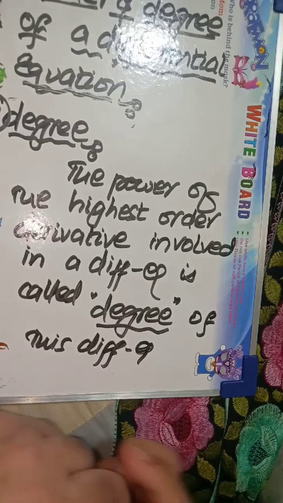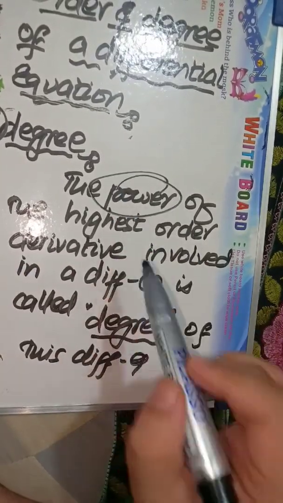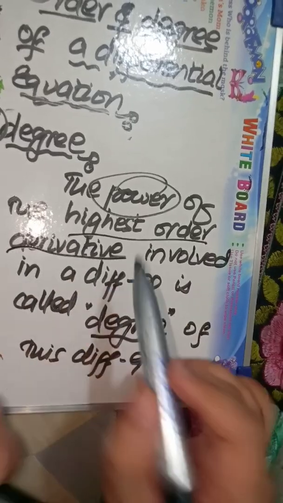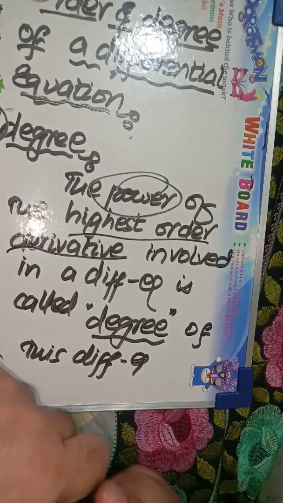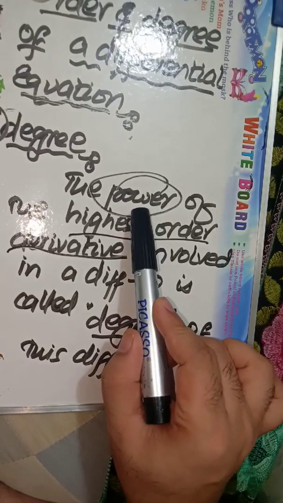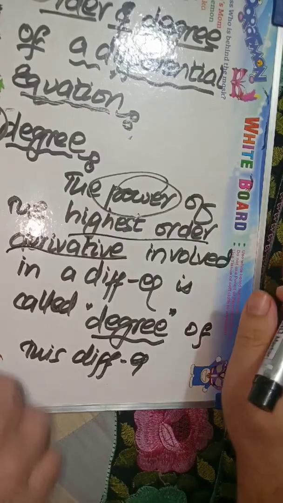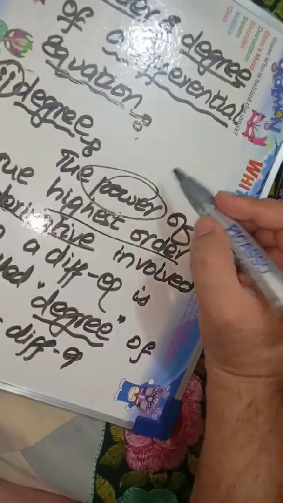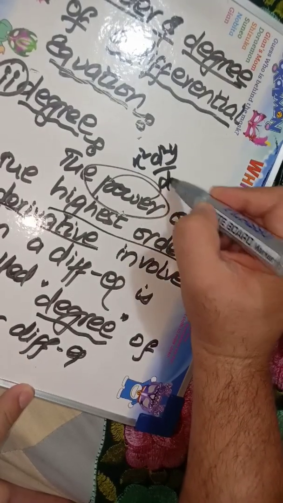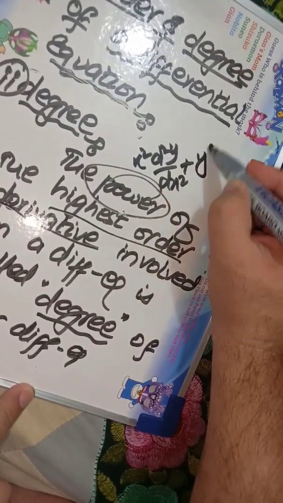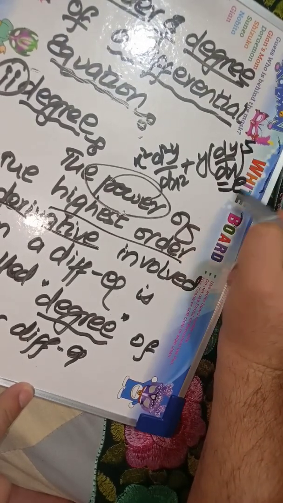So I should recall what I have written, that the power of the highest order derivative, again the word highest order derivative is involved here. The highest order derivative power should decide what the degree of the differential equation is. For example, if we write a differential equation like x square d square y by dx square plus y times dy by dx power 5 is equal to e power x.